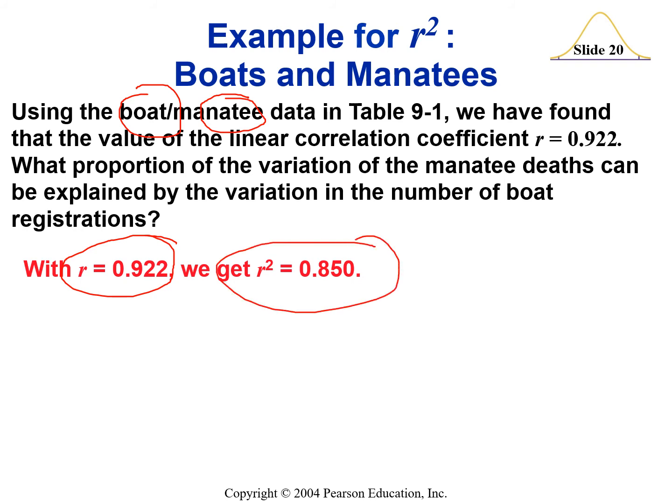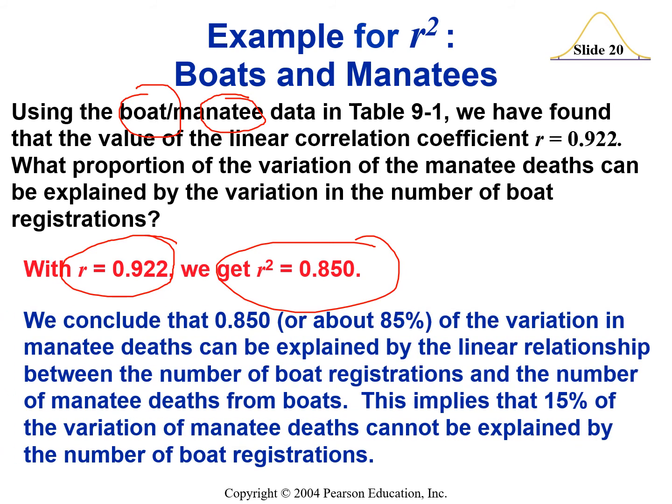R square is 0.85, so we conclude that about 85% of the variation in the dependent variable, manatee deaths, can be explained by the linear relationship between the number of pot registrations and the number of manatee deaths from the pots. It implies that the remaining 15% of the variation in manatee deaths cannot be explained by the number of pot registrations. It is due to other factors.